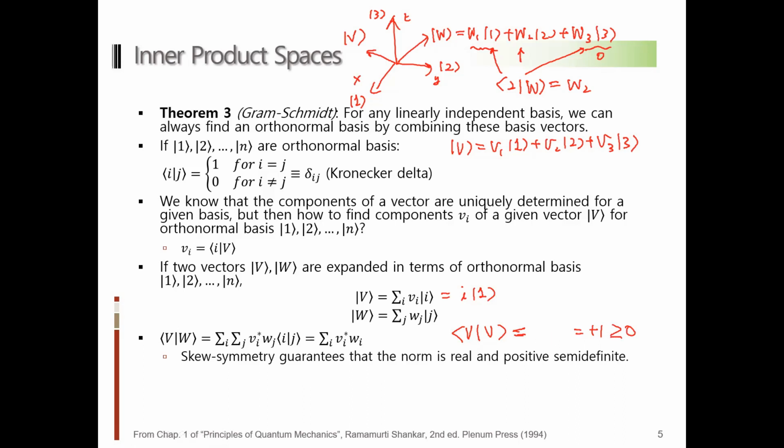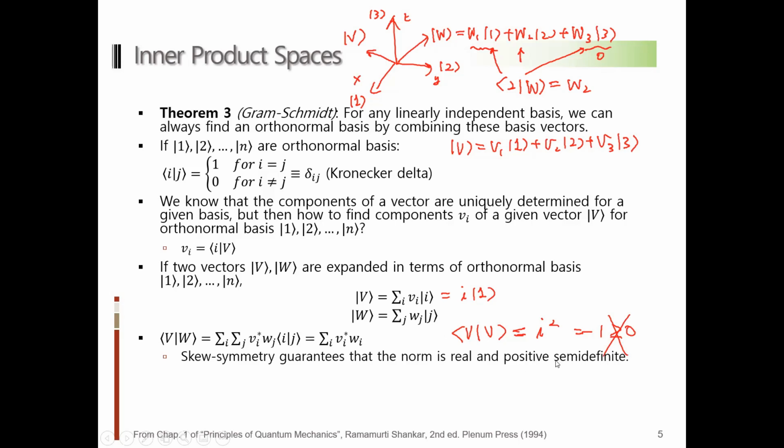Then you will just end up with i squared, which will turn into minus 1 rather than plus 1, and then this relation cannot be satisfied. So if we did not define the symmetry as a skew symmetry rather than the regular symmetry, then we won't have this positive semi-definite property.